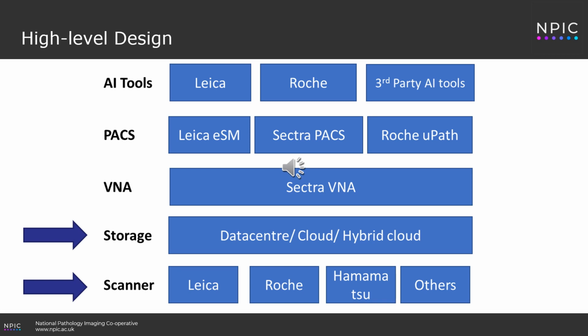The second tier is the storage tier. So that complex diagram that I just showed you previously, in effect, is the storage layer for our infrastructure. And the third layer is a vendor neutral archive, also known as the Sectra PACS system.